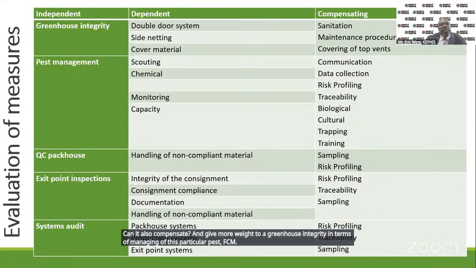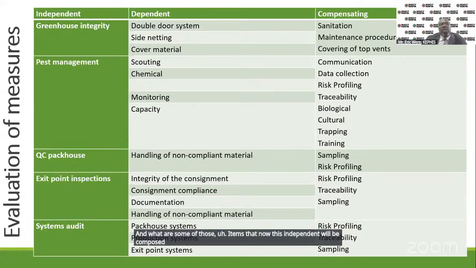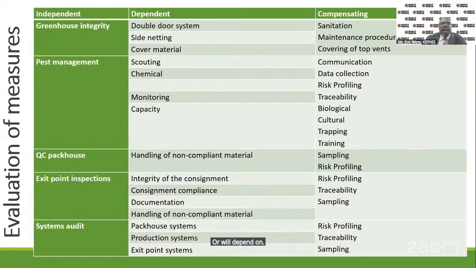We have pest management as an independent measure. How do we manage our pest? And what are some of those items that this independent measure will be composed of or will depend on? We have the scouting.